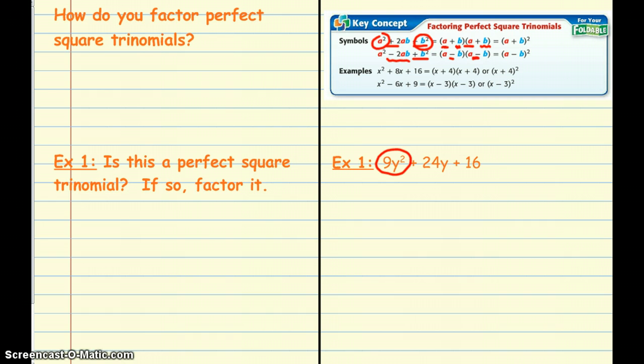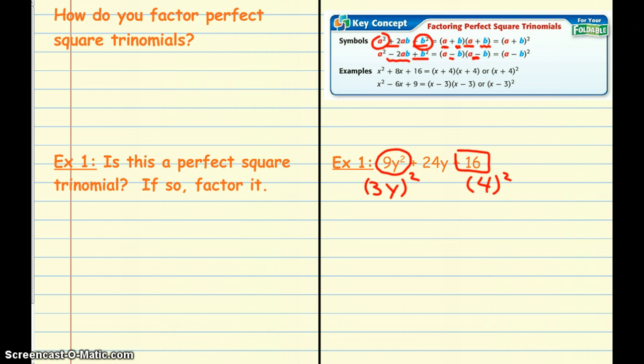And looking at the last term, is a positive 16 also a perfect square? Yes, it is. So the square root of 9 is 3, and the square root of y squared is y.